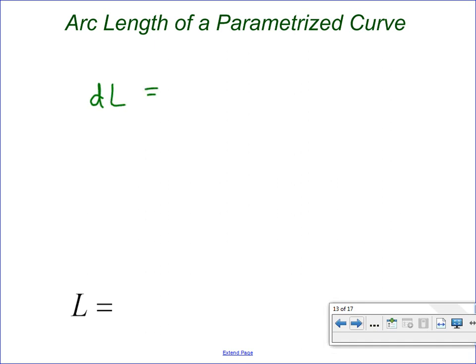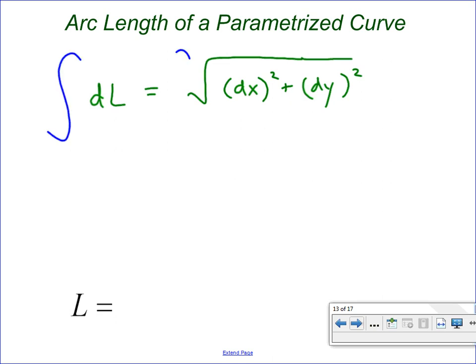would be dL, and we would now replace my delta x with dx squared, and we would replace our delta y in the limit with dy squared. And now what would we do to get an expression for L? Well, we would integrate.